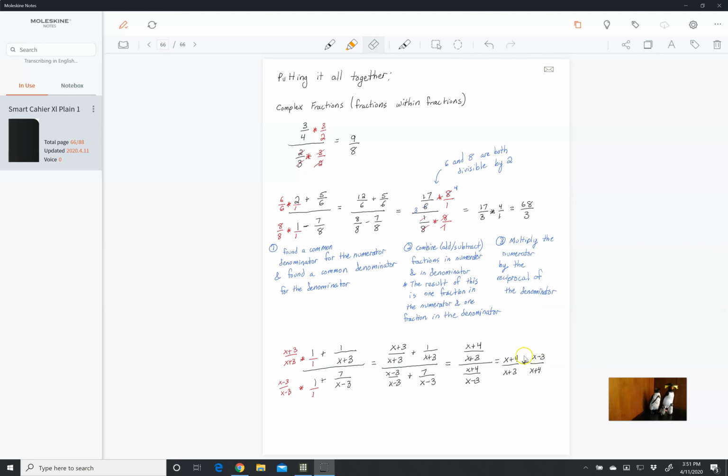Okay, and some of you are going to notice we can automatically cancel that x plus 4. Remember what's going on here? Okay, we're extending this line, and all of these have invisible parentheses around them. So the x plus 4s will actually cancel.